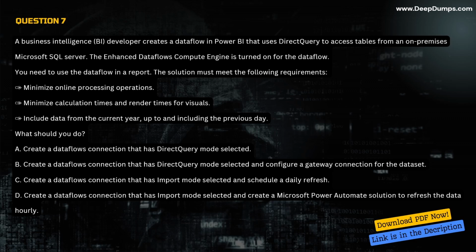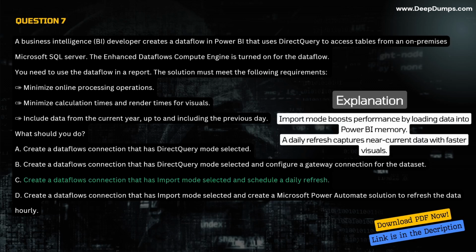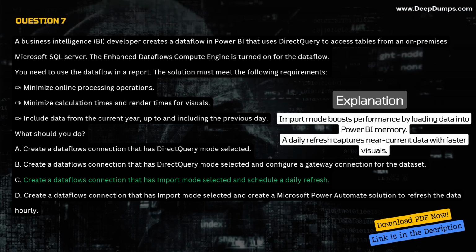D. Create a data flows connection that has import mode selected and create a Microsoft Power Automate solution to refresh the data hourly. Correct answer is C. Explanation. Import mode boosts performance by loading data into Power BI memory. A daily refresh captures near-current data with faster visuals.